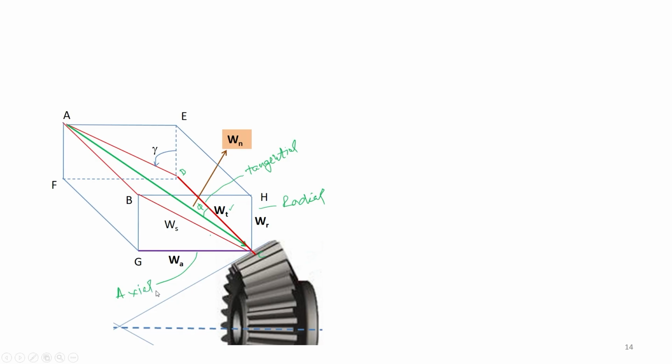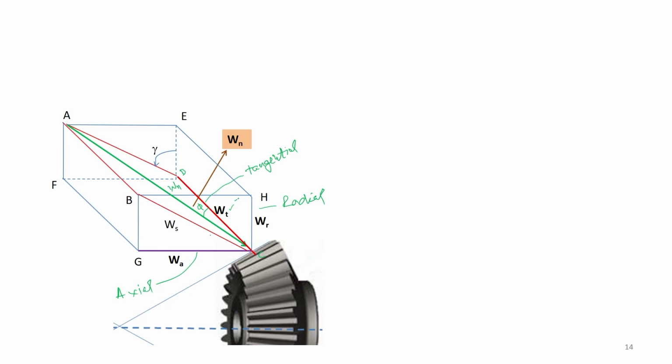And the normal direction, the force acting from the mating gear in the direction of AC, is the normal load Wn, and the angle between the tangential direction and the normal direction is the pressure angle alpha. So, in terms of Wn, we can find the transmitted load which is acting in the direction of D to C, and that is Wt.